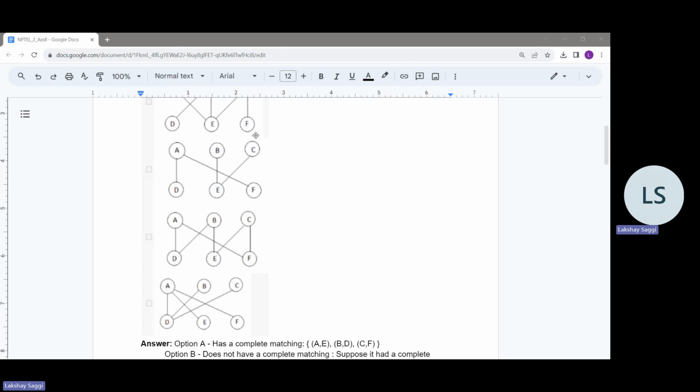And what do I mean by the Hall set? This B comma C is a subset of two vertices, but its neighboring subset of vertices contains only the set E. So the cardinality of set S is greater than the cardinality of its neighboring set. The neighboring set is only E, which is only one vertex, but the actual set had two vertices.